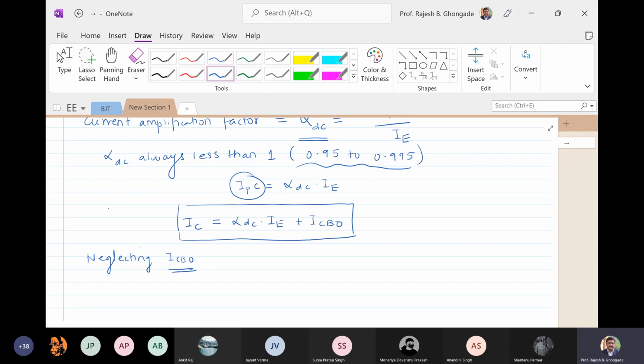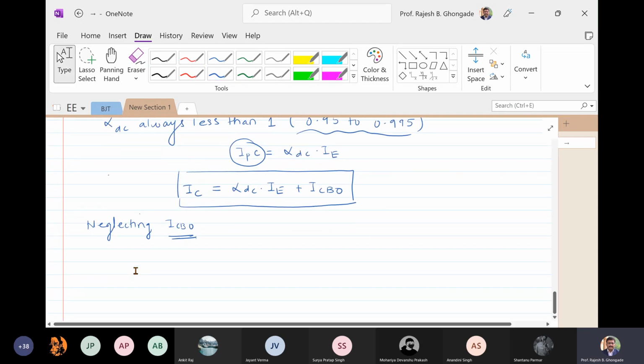So whenever I say neglecting ICBO, I always mean neglecting the effect of ICBO on the complete process. Why is it negligible? Because the value of ICBO is very, very less. We have already seen that in the last session.